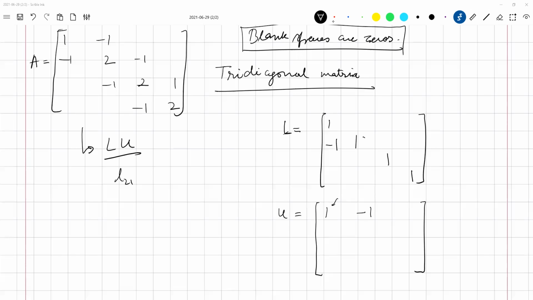So my new equation becomes, so my U is going to be 1 and -1. Is that okay? Yes, sir. So this will be 1 and -1 now.